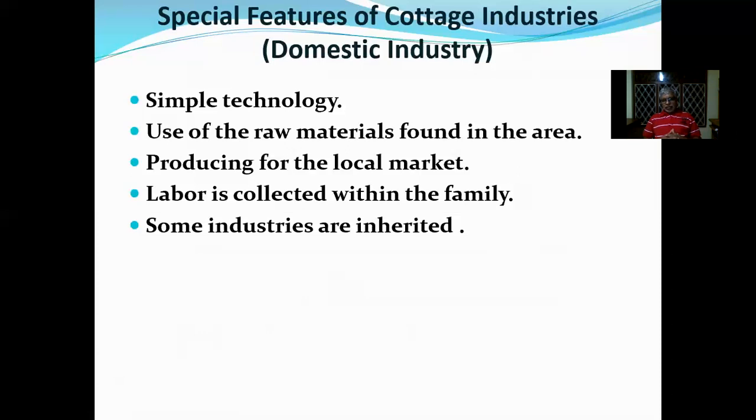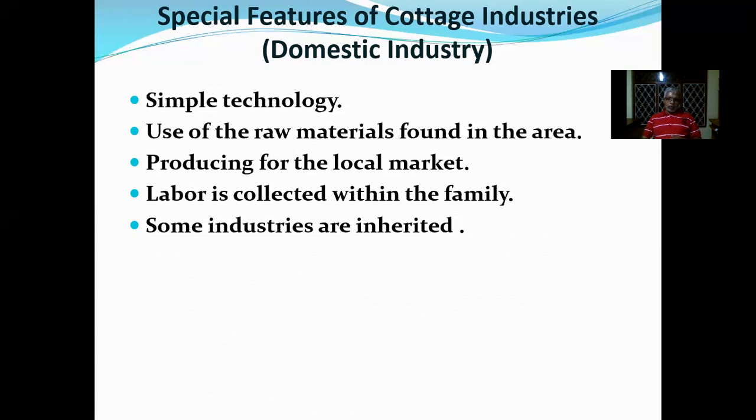It is mainly an inherited cottage industry conducted in Sri Lanka. Other one is the brassware production. If you go to Pilimatalawa, Kundasale, that area it can be found. Like that, these industries are inherited, coming through the generations.